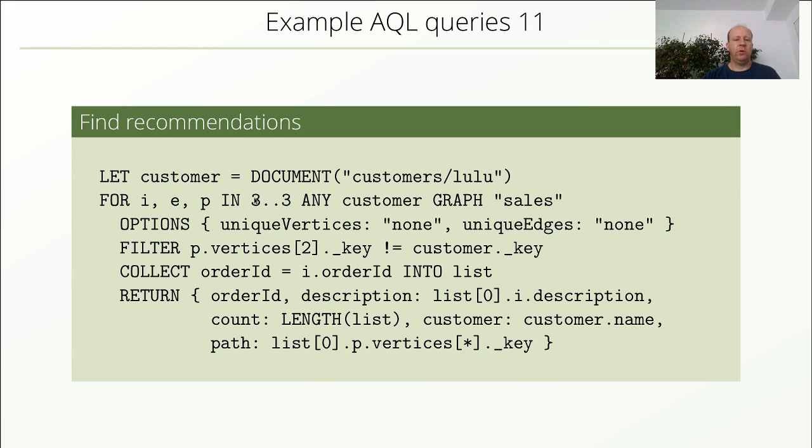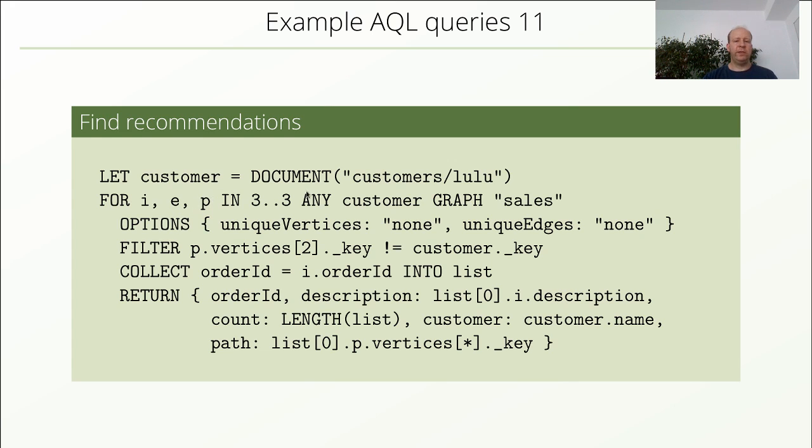And I go 3 steps, at least and at most. I have some options for the traversal. I don't want to have unique edges or vertices, but I do not only want the vertex at the end of the path, I also want the latest edge in the path, and I want the complete path.